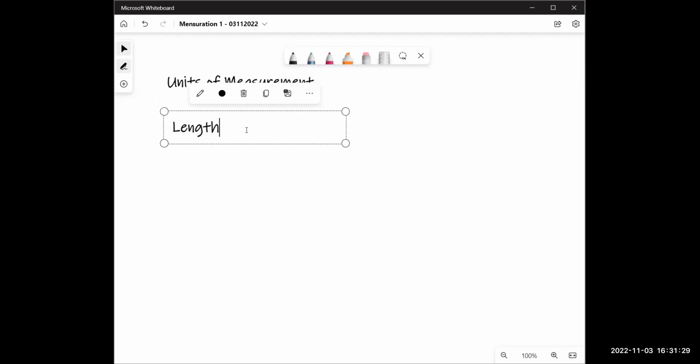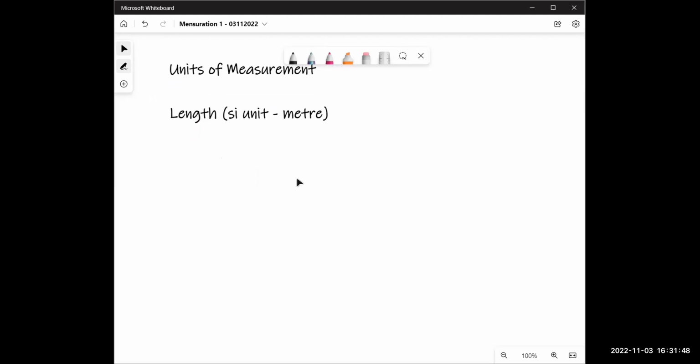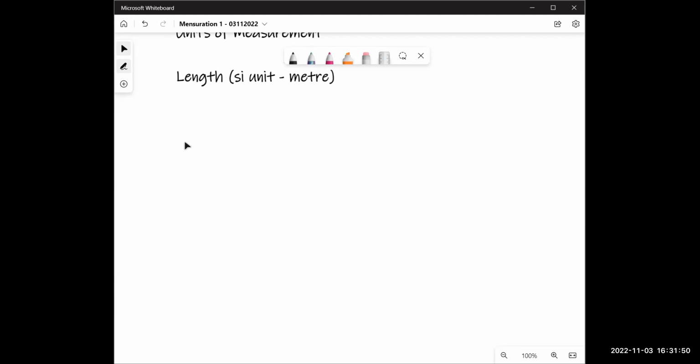Now the SI unit is meter, always. SI is basically the standard international. S stands for standard, I for international. It's also in French. So the standard international unit is meter.